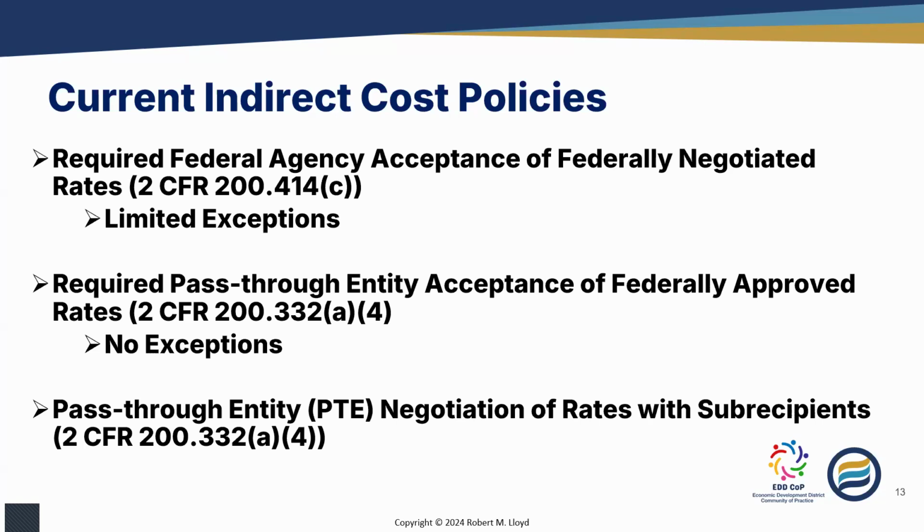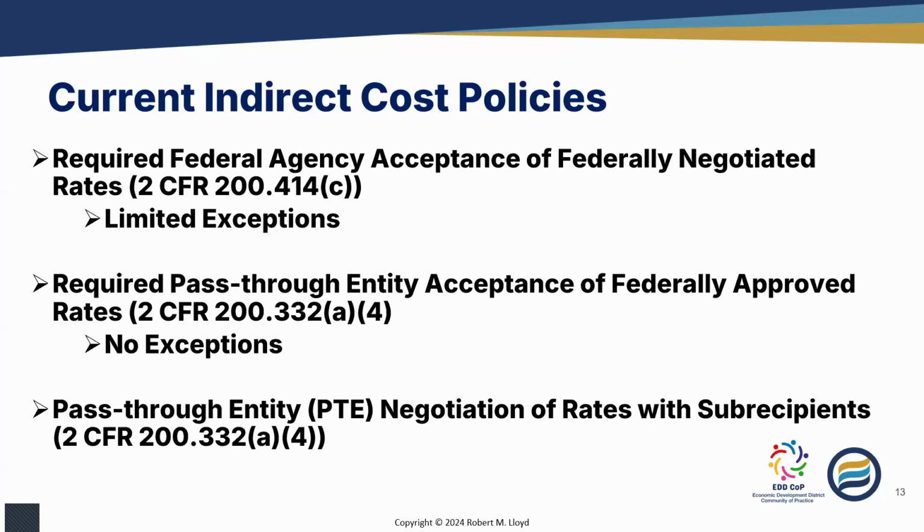Now, perhaps something that's going to be even more important to many RDOs is this next bullet, because what OMB has said is that pass-through entities, which are primary grantees who are receiving awards from federal agencies and then turning around and subgranting them to others, and those others may be RDOs, are required to accept a federally approved indirect cost rate with no exceptions.